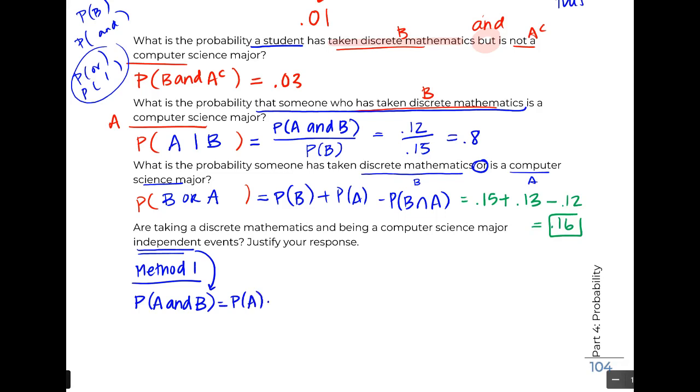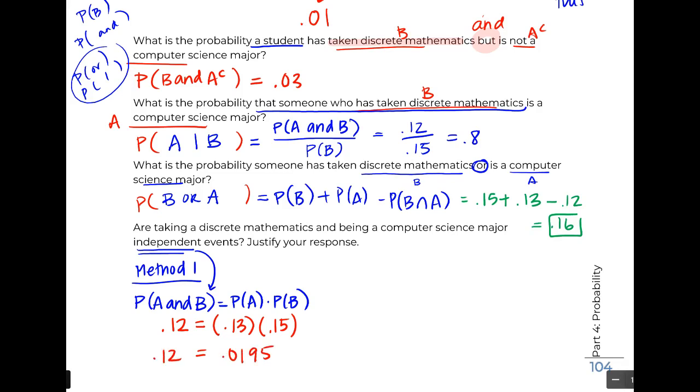So we can use this to check to see if something's independent, as well as a rule to help us out if something's independent. So in this case, A and B, well, this we can pull right off of the table as 0.12. Probability of A was given to us. This was 0.13. And the probability of B was given to us as 0.15. All right, so we multiply those two probabilities together. We get 0.0195.